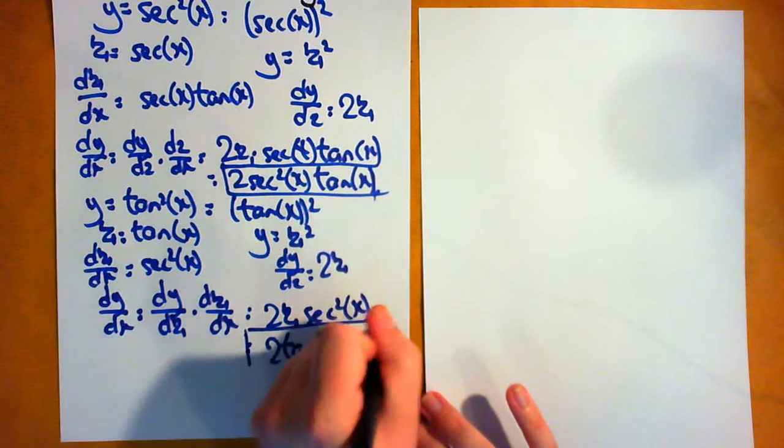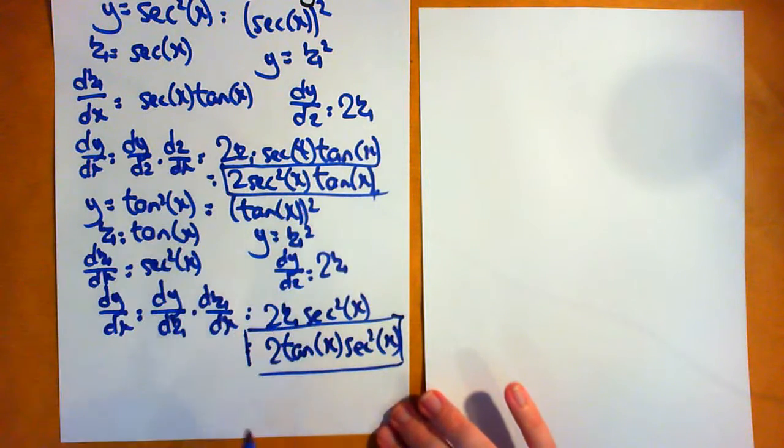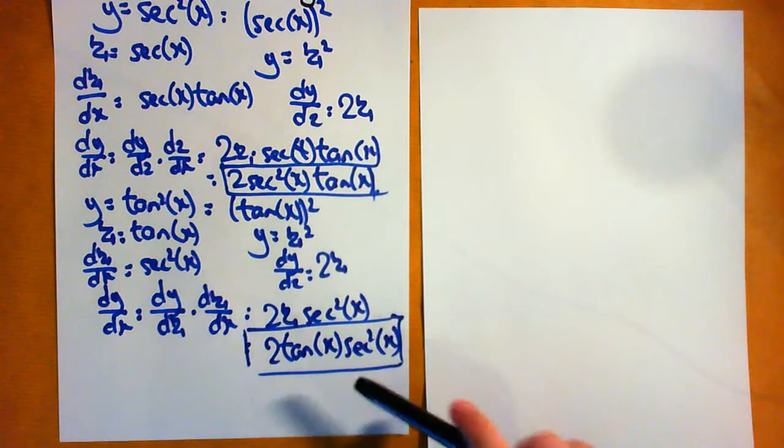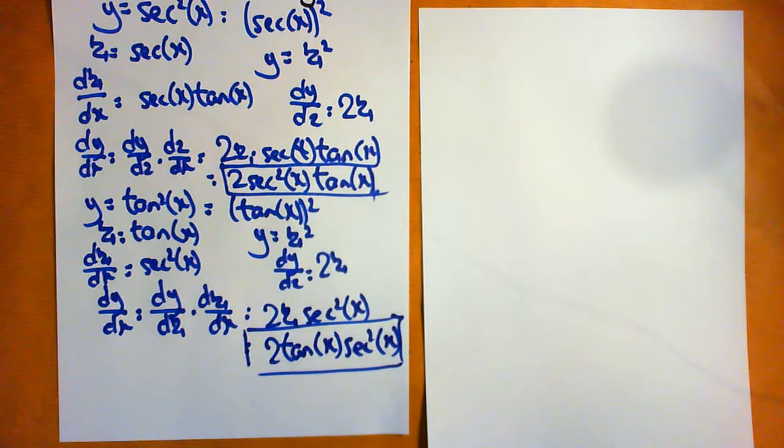So we get actually the same function as what we got when we differentiated sec squared, because they might look slightly different, but that's only in an order of multiplication, so they are really exactly the same thing. Sec squared and tan squared have the same derivative.